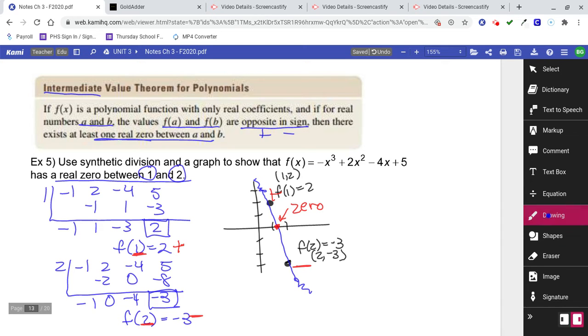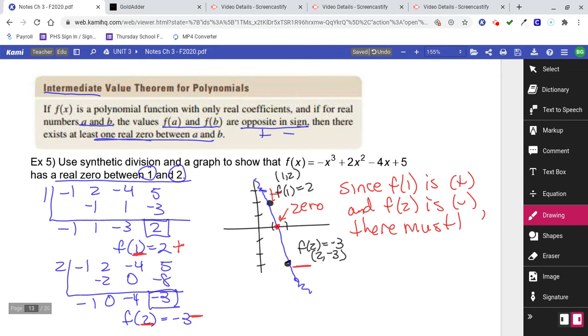So you can summarize and say something like, since f of 1 is positive and f of 2 is negative, there must be a 0 between 1 and 2.